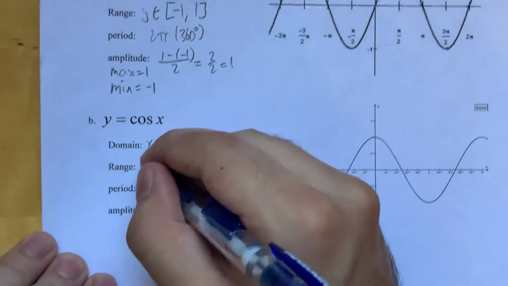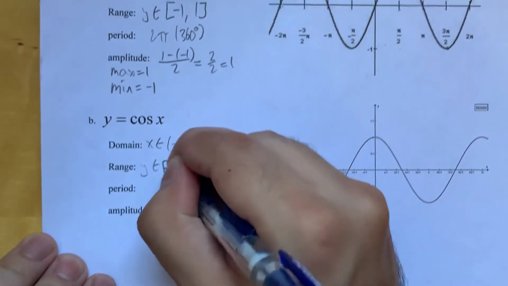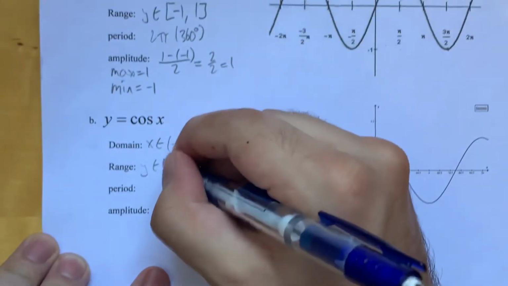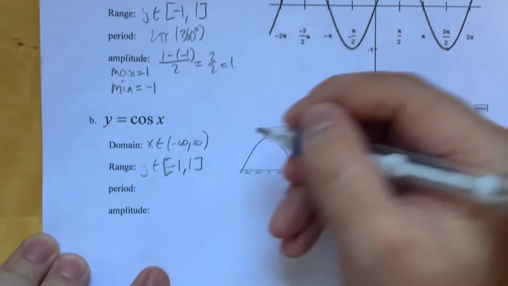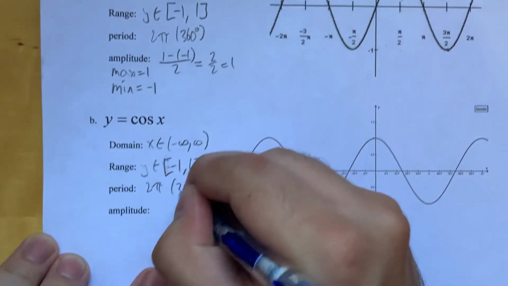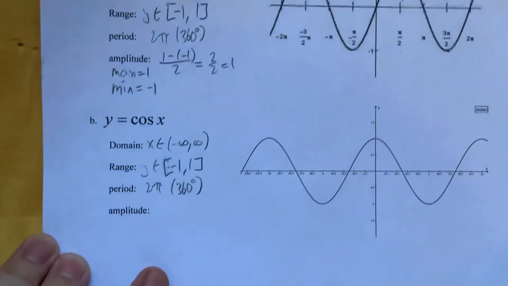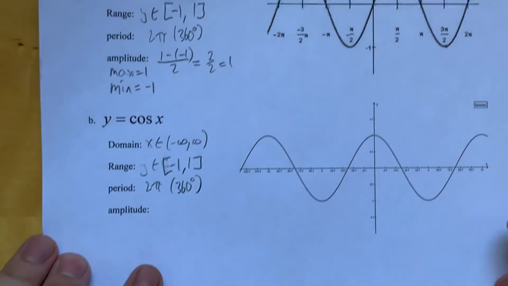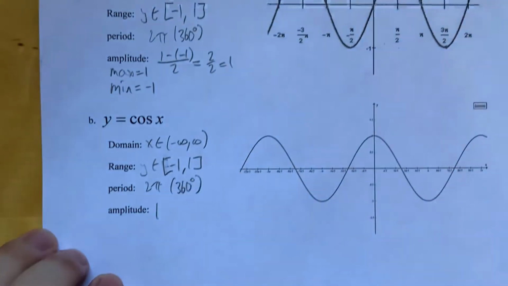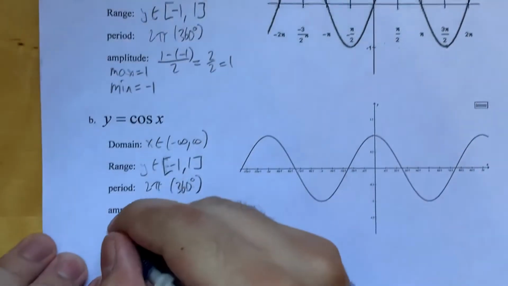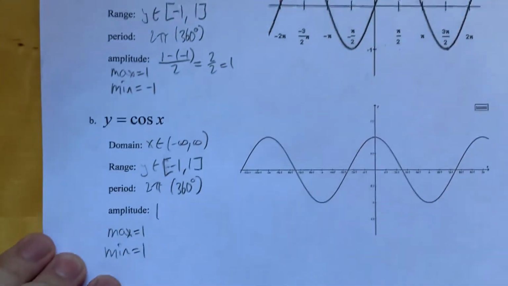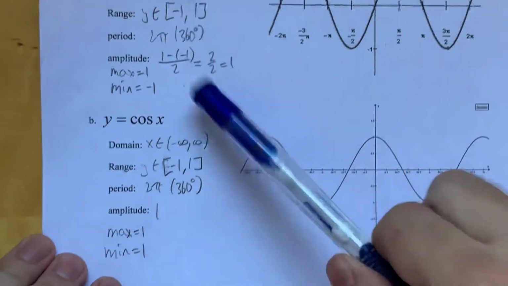And the range for the cosine graph is, you guessed it, -1 to 1, period 2 pi, or 360 degrees. And the amplitude is going to be 1 as well, because the max equals 1 and the min equals -1. Check the math up there.